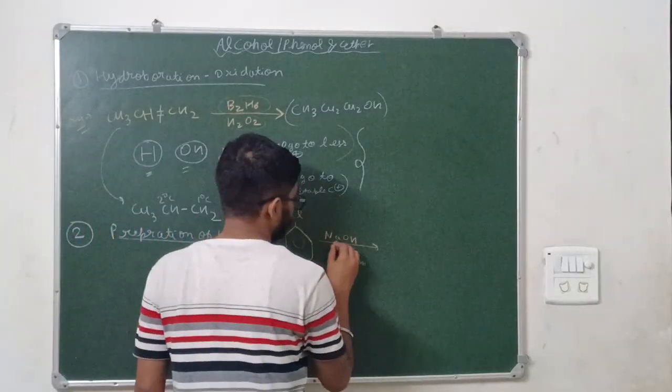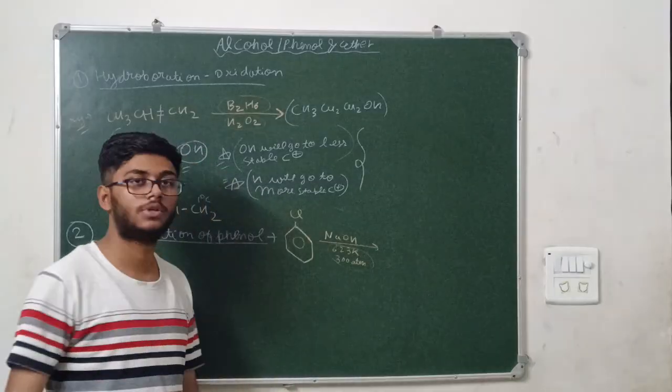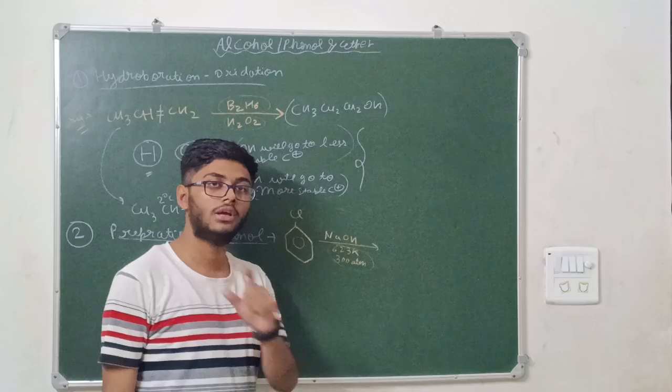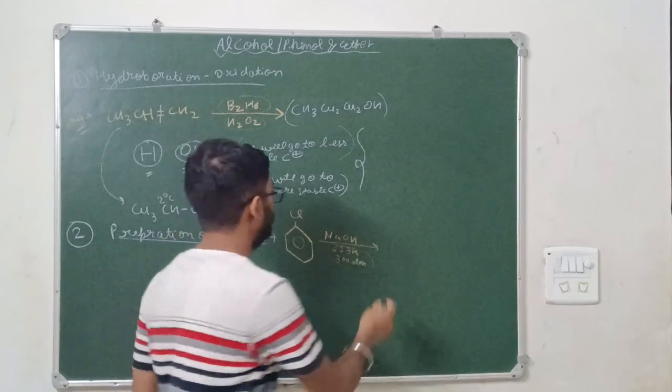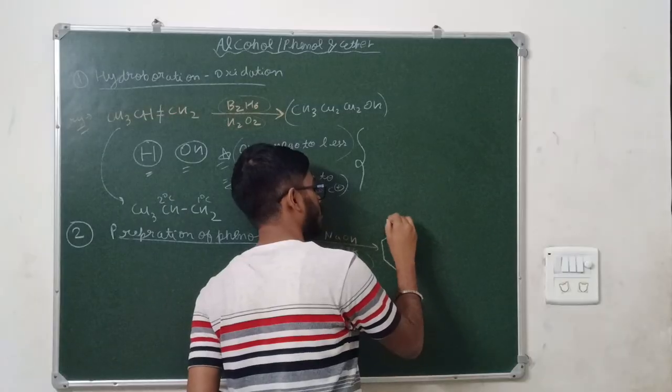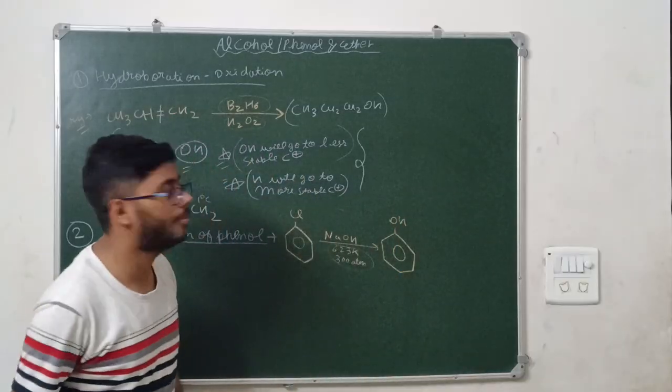This is the standard temperature and pressure where phenol is formed. I have told you in the previous video that if we change the temperature, then other products are made, not phenol. So here phenol is finally made. This is the first method to prepare phenol.